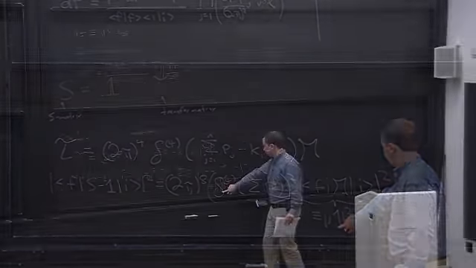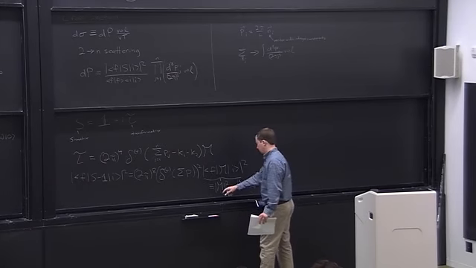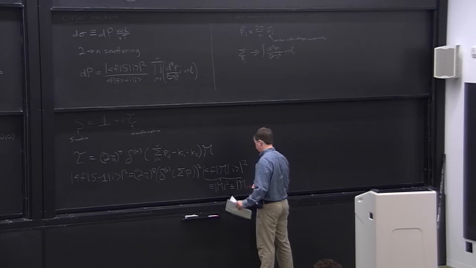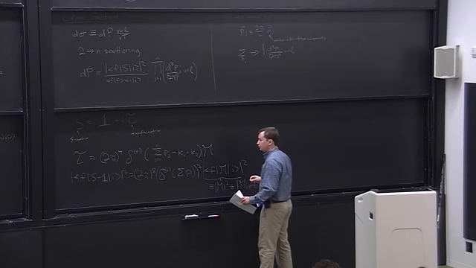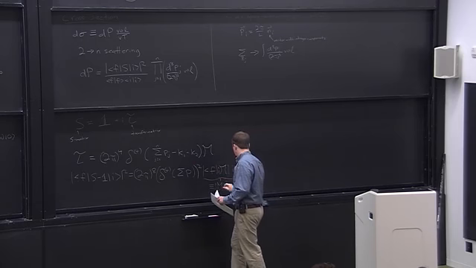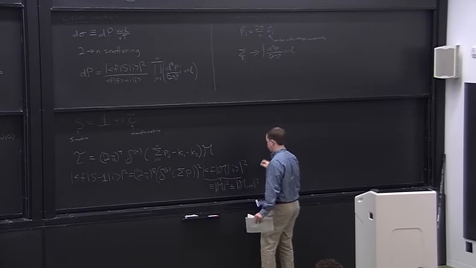And this quantity here is known as the matrix element. And there should be an i, yes. So iM is known as the matrix element.